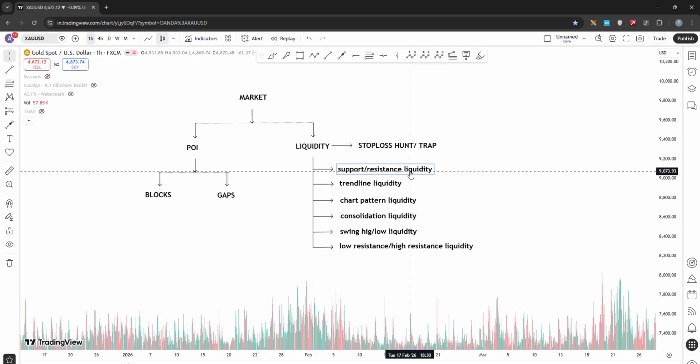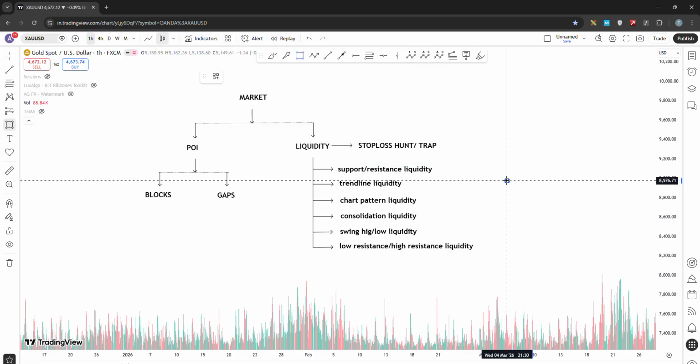Support and resistance is one of the earliest concepts taught in technical analysis, about 60, 70 years back. And till now, it's one of the most popular concepts being taught to new traders who come into the market. Today also, if you go on YouTube and search support resistance strategies, you will see multiple strategies teaching the same stuff.